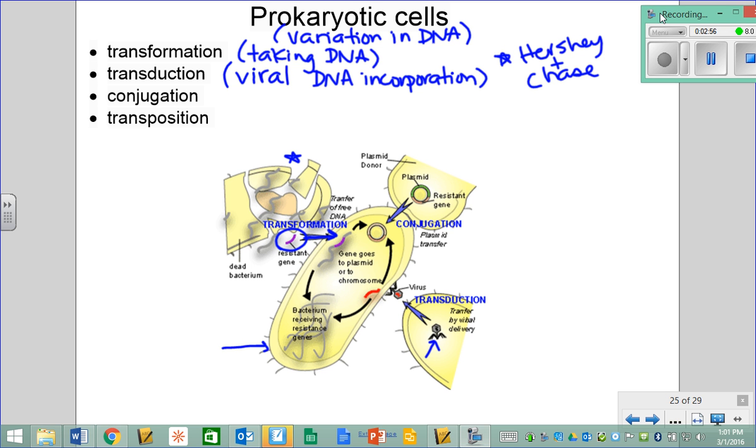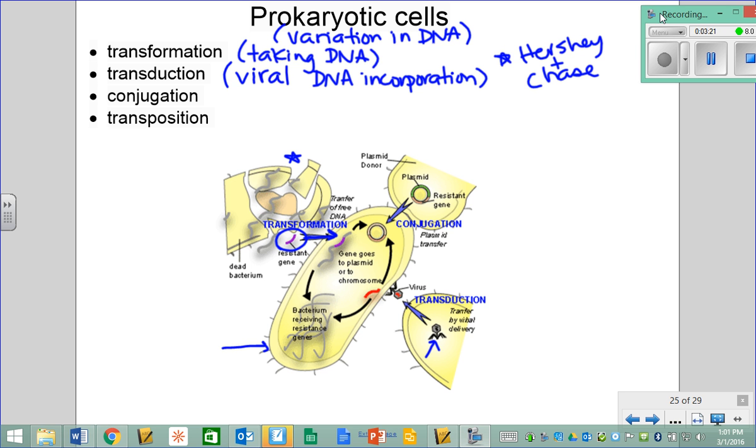In one trial, they put the marker on proteins. In another trial, they put the marker on DNA. And they found that when they put the marker on the DNA, the bacterial cells also had this radioactive marker. That was an important experiment. That is an experiment that I would ask you about if I were a person who makes tests for Biology 30 that you are going to do tomorrow.